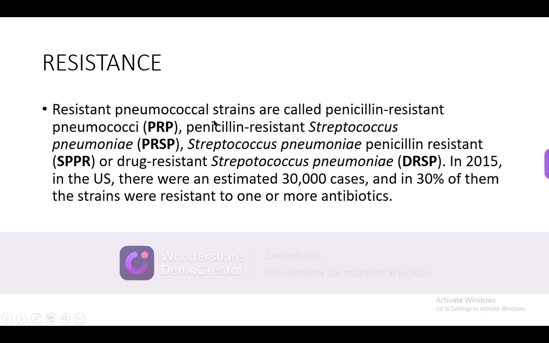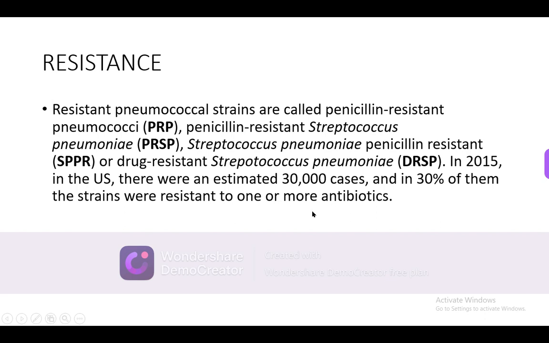Now, resistant pneumococcal strains are called penicillin-resistant Streptococcus pneumoniae, PRSP. Another variety is called drug-resistant Streptococcus pneumoniae. These are the terminologies used by epidemiologists. In 2015, in the United States and North America, there were an estimated 30,000 cases, and in 30% of them the strains were resistant to one or more antibiotics.